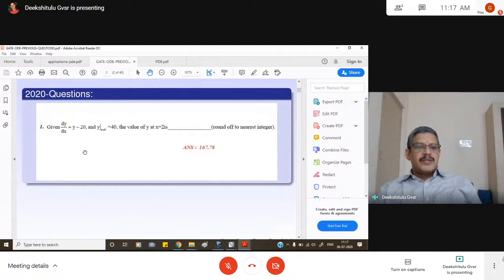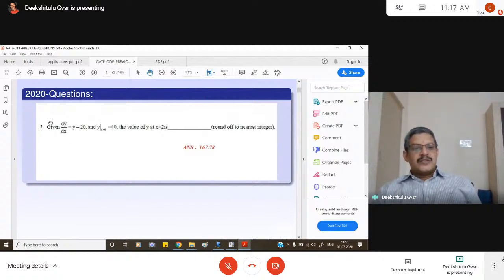So log(y minus 20) is equal to cx, or y is equal to 20 plus e power cx. The initial condition is given, y at 0 is 40, then you have to calculate this solution at x equal to 2.